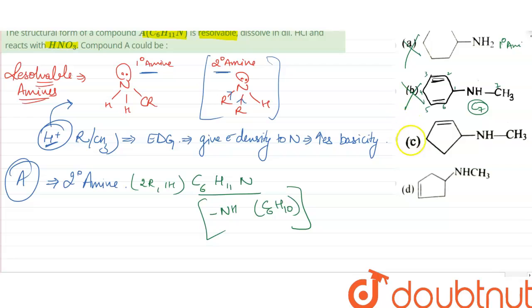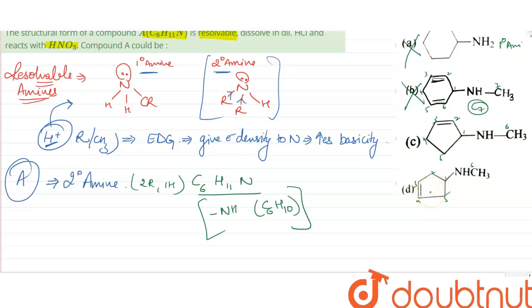Now if we go to option C, we again have a secondary amine. Yes, this condition is fulfilled. If we count the number of carbons, 1 2 3, 1 2 3 4 5, and this one is the 6th. Yes, the number of carbons is also matched. In option D also, 1 2 3 4 5 and 6, the carbon number is matched.